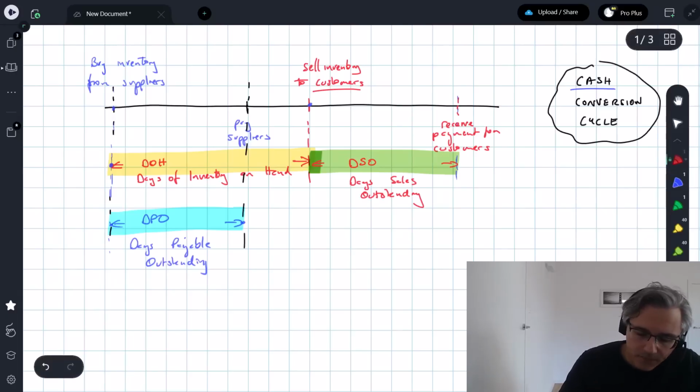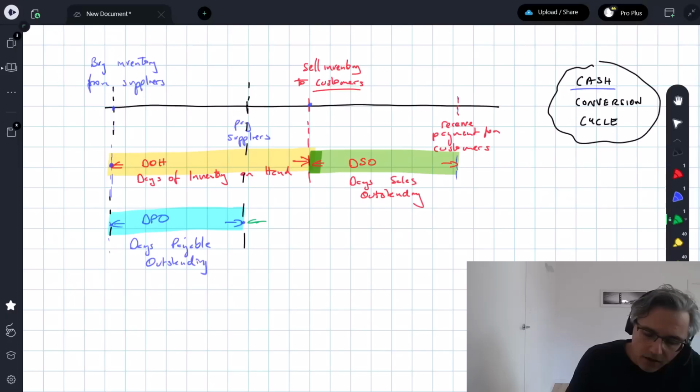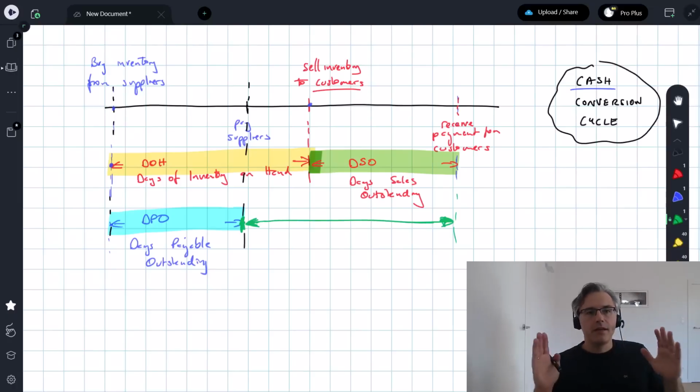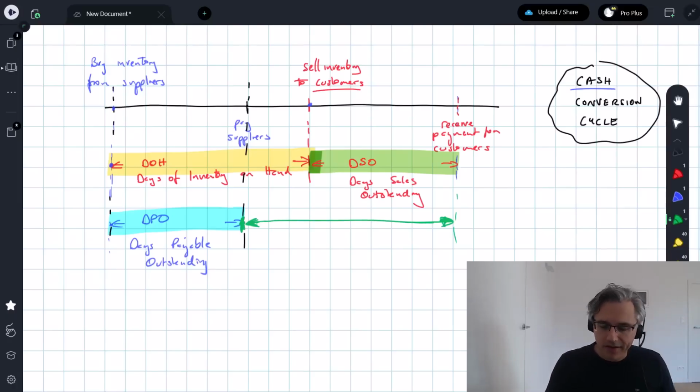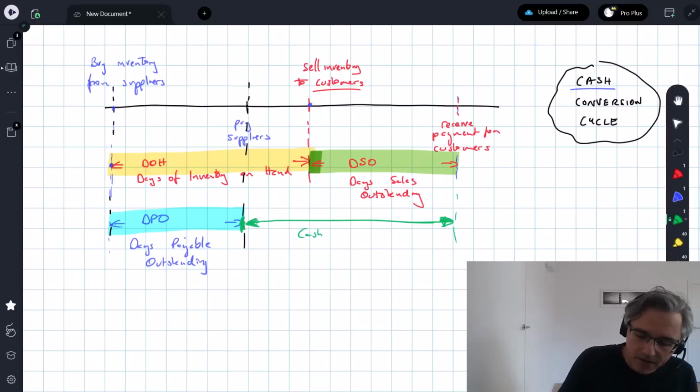And in fact, we in business are primarily concerned about the length of time between when we have to pay our suppliers, which is over here, and when we receive money from customers, because the company will need to have funding for that gap, and that gap is known as the cash conversion cycle.